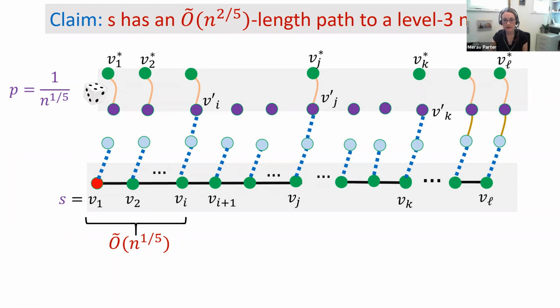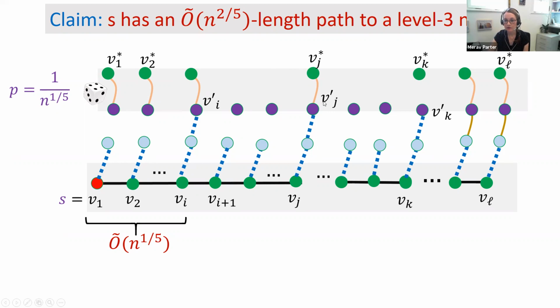If I'm lucky and this edge connecting Vi prime to its parent has been sampled, then I'm done. I have a short path from S to this node. Otherwise, I move on the path to Vi plus 1. And I know that also Vi plus 1 has a short path to some level 2 node, Vj prime.